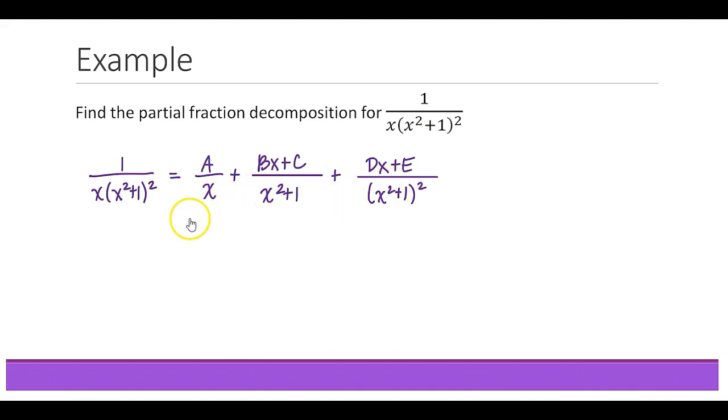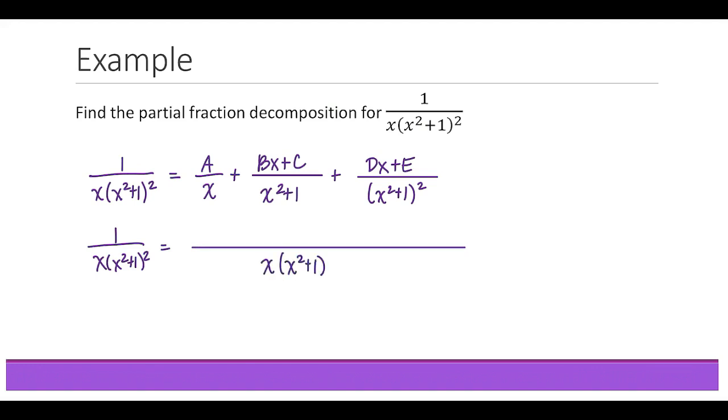And then we'll go ahead and put the right side back together. So we have the left-hand side is going to have to equal just one giant fraction on the right with that common denominator, x times quantity x squared plus 1 squared. The a is going to have to get multiplied by the quantity x squared plus 1 squared. It already has an x on the bottom.